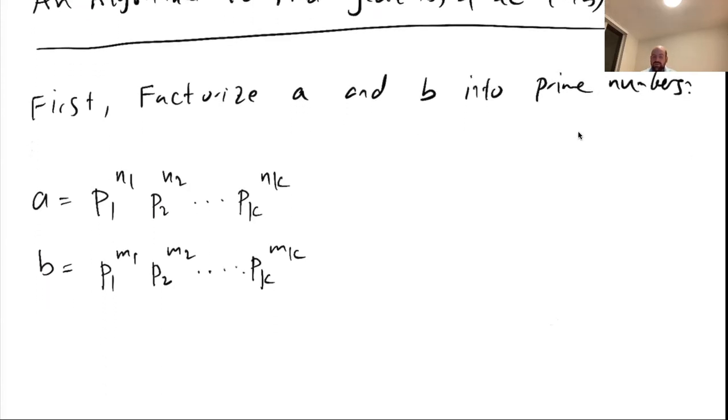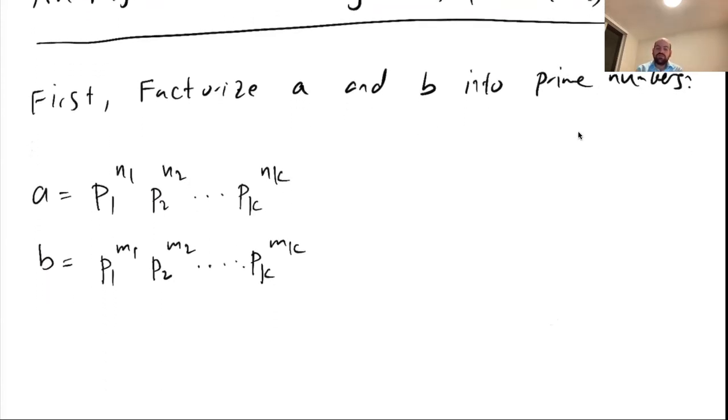In general, I'm not allowed to assume that, but I'm allowed to assume it under one certain condition. That condition is that the powers of these prime numbers are allowed to be 0. Then I can assume this.